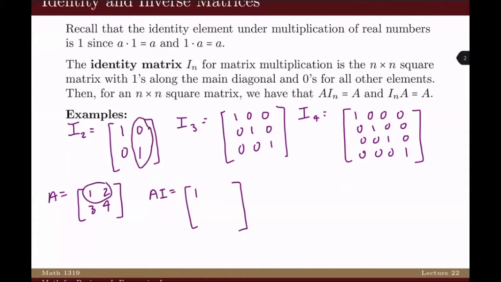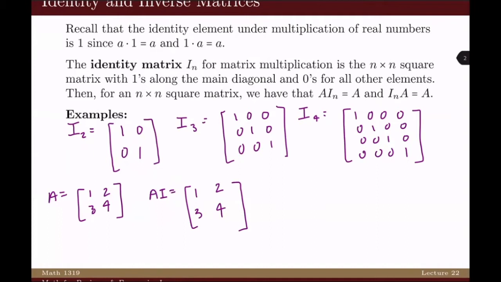So we'll have 1 times 0 is 0, and 2 times 1 is 2. Next, we'll do row 2, column 1. So that's going to be 3 times 1, which is 3, plus 4 times 0, so just the 3. And then lastly, row 2, column 2, just going to be 3 times 0 is 0, 4 times 1 is 4. So we got our original matrix A back.